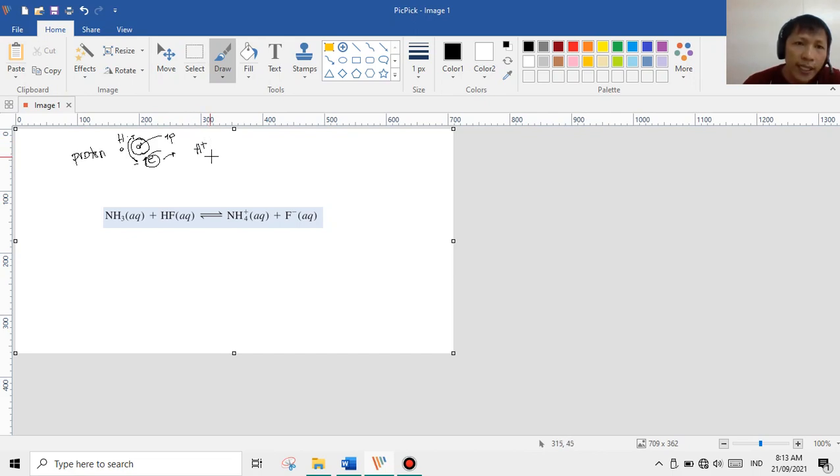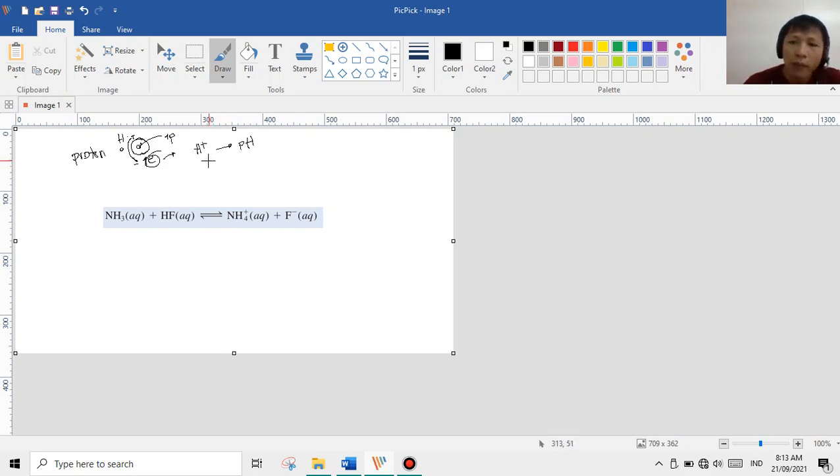That's why it becomes H+. This is where the term pH came from, the power of your hydrogen.